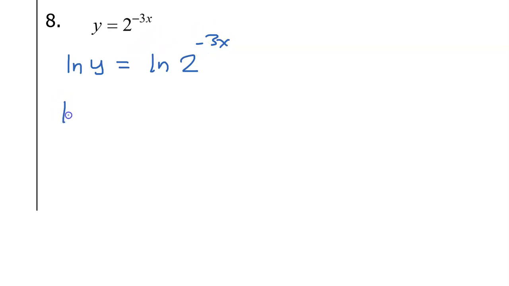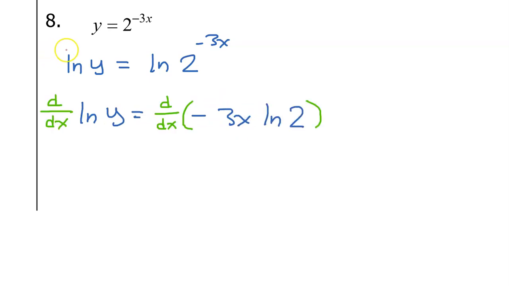So now I have natural log y is equal to negative 3x times the natural log of 2. Don't forget that our ultimate goal is to find y prime. What does y prime equal? So let's see if we can make y prime appear by doing implicit differentiation. Y prime, of course, will be the same as dy dx. So if we find this, then we've done it.